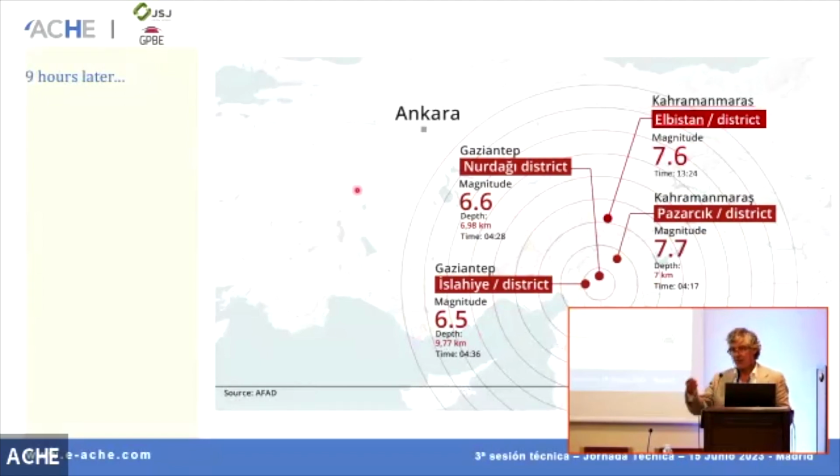Nevertheless, 9 hours later, another major earthquake of 7.6 magnitude in the north part of the first one. And it's curious because there are not many events in earthquakes that repeat a few hours later, another earthquake with the same magnitude.